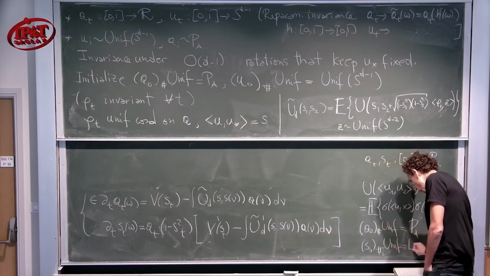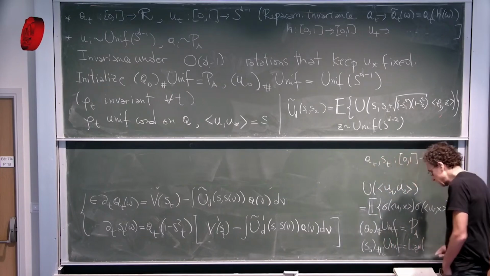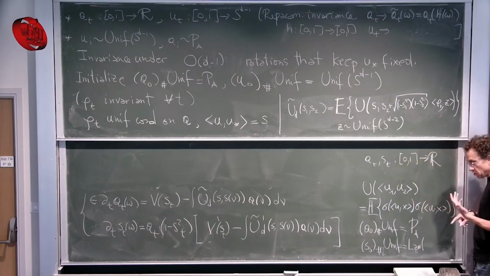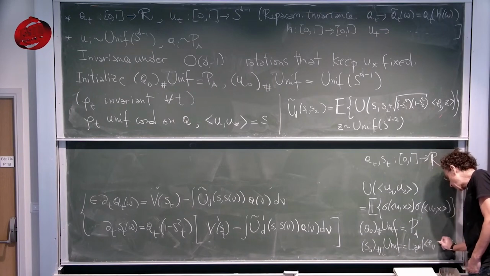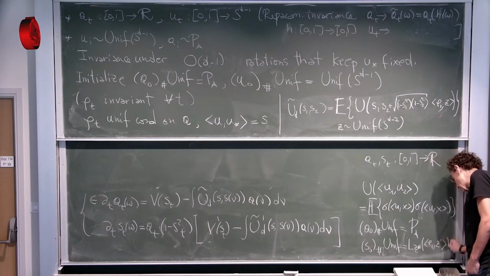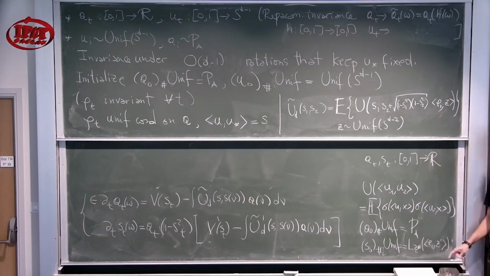Well, it's the law of the projection along U star, so along any direction, will be one of the uniform vector on the unit sphere.